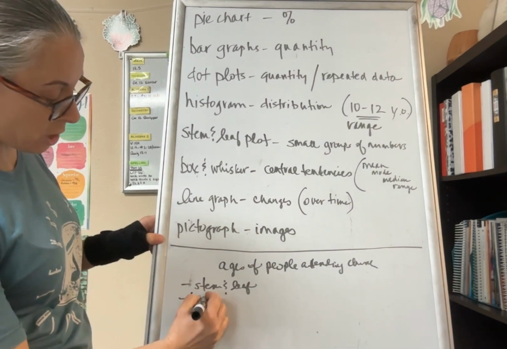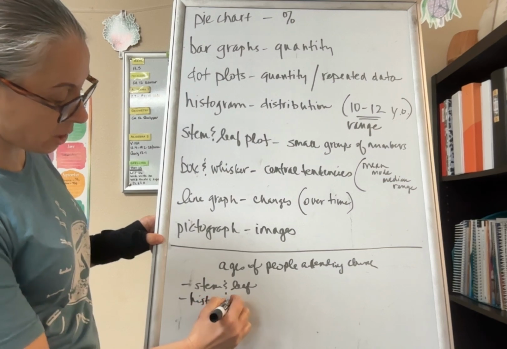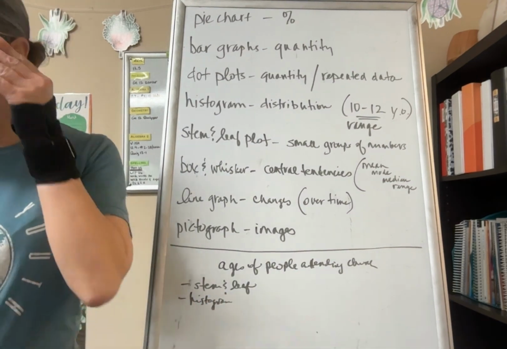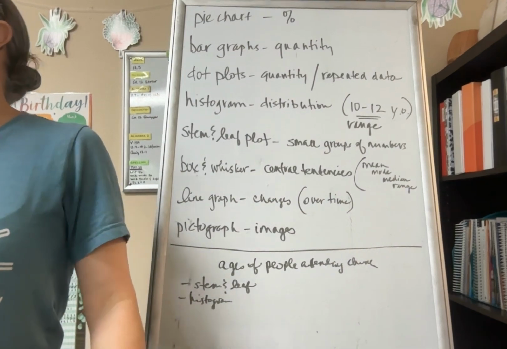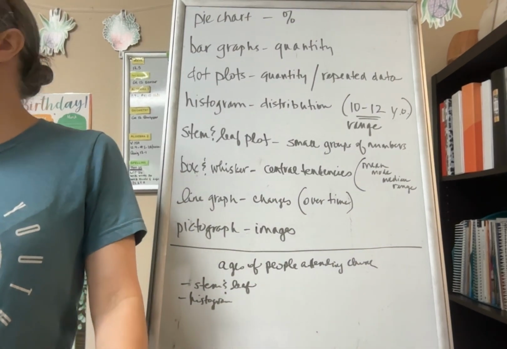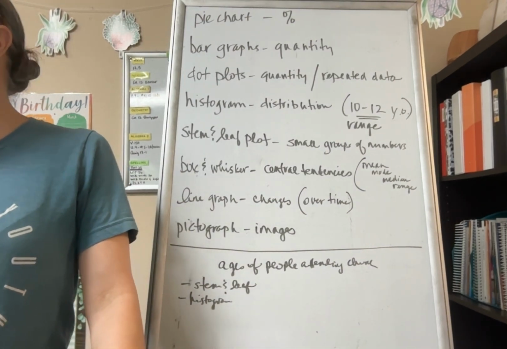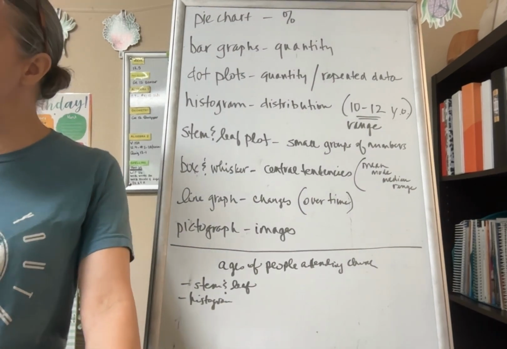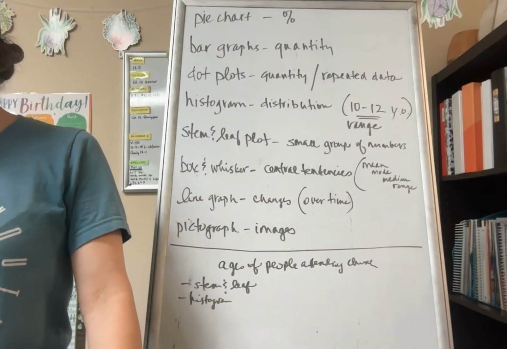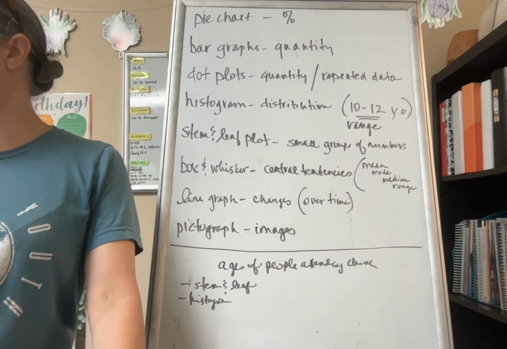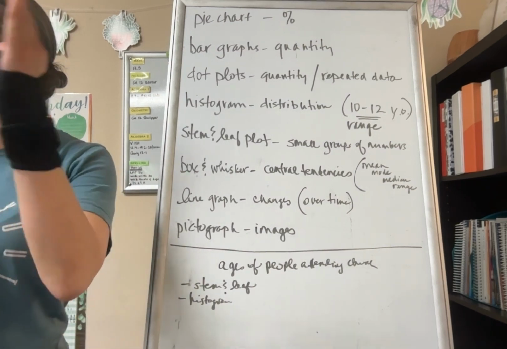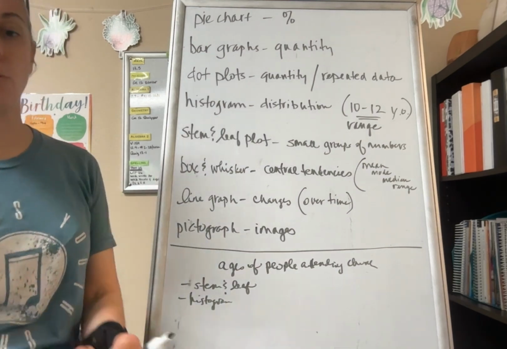A histogram would also work. On a histogram, we would need to show them as ranges, right? So we might show children from 0 to 10 years old, or 0 to 11 maybe, and then we could show youth from maybe 12 to 20, and then we could show people from 20 to 30, 30 to 40, 40 to 50. Those are ranges, and so a histogram would work well for that.